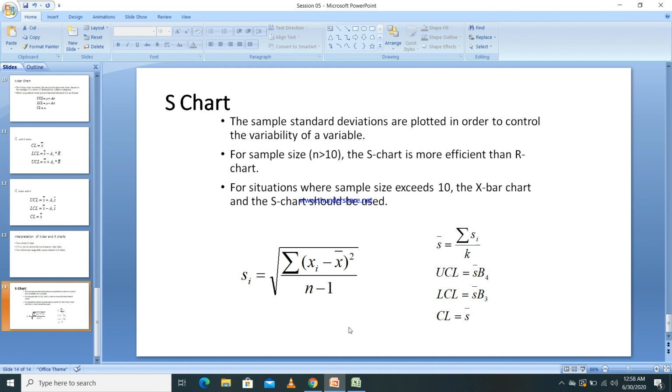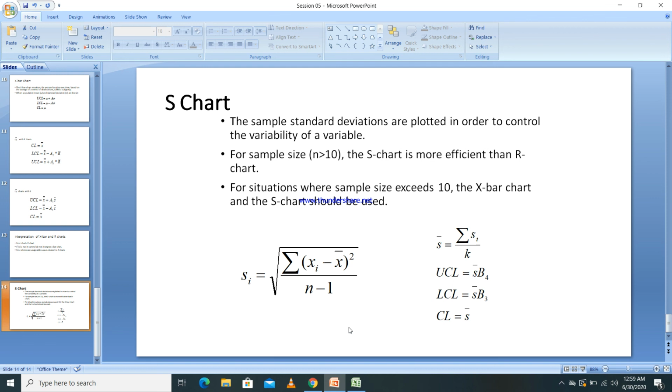Because we know even in basic statistics, when you have a big data set, rather than talking about the range, the standard deviation is more accurate, right? So likewise here, if the sample size is greater than 10, we always prefer the S chart rather than the R chart, right?